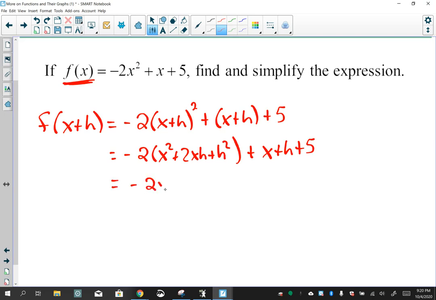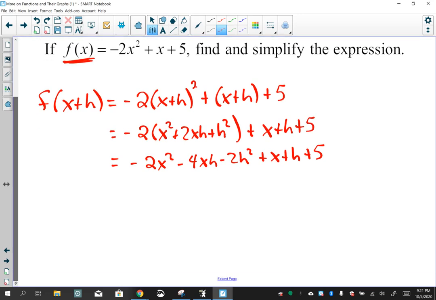So -2x squared minus 4xh minus 2h squared plus x plus h plus 5. There is nothing for me to be able to combine here, so I can technically leave this alone for right now. So now, we did the first piece, the f of x plus h.